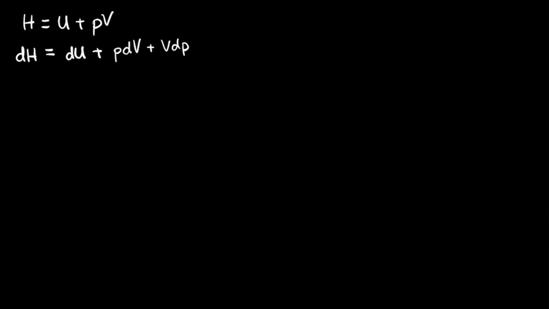We've done this step a couple of times. It's just the product rule. P could change, V could change, and so therefore you have to add both contributions together. But what did I say dU was earlier? Well, dU is TdS minus P dV.